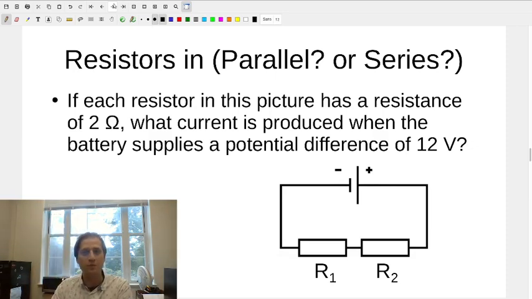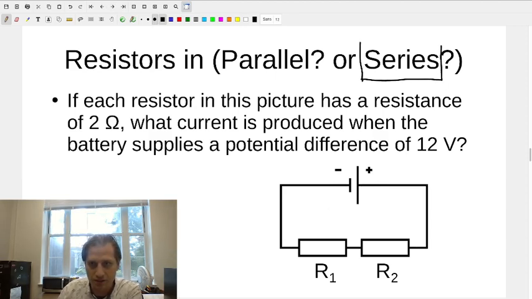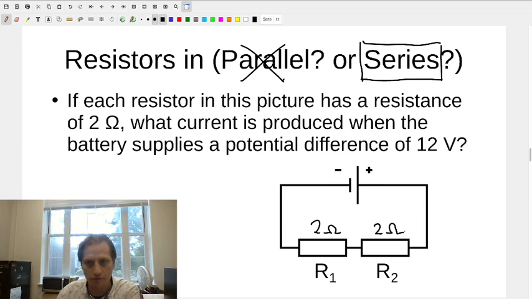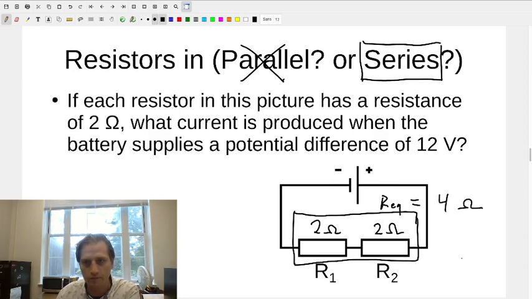All right. So let's look at a couple easy examples. This is about as easy an example as we're going to get of resistors in series. This is not in parallel. It says if each resistor in this picture has a resistance of 2 ohms, what current is produced when the battery supplies a potential difference of 12 volts? Well, together these are acting like a resistor with an equivalent resistance of 4 ohms.